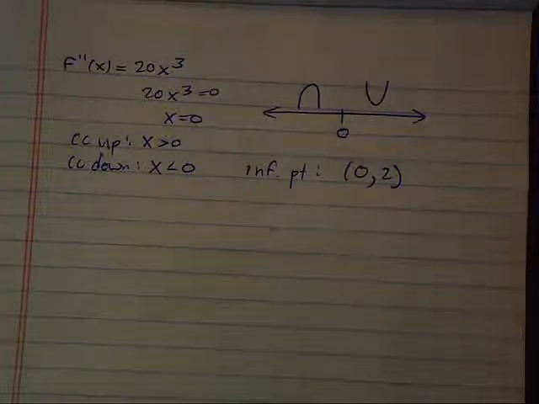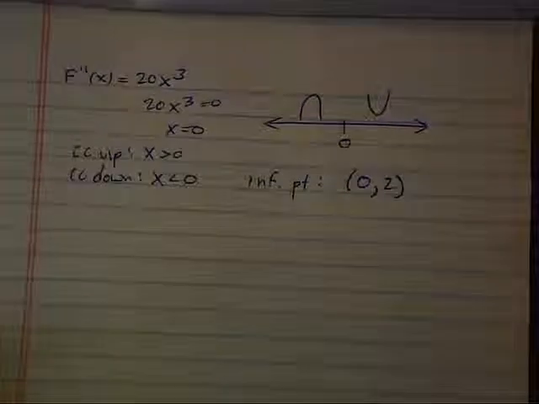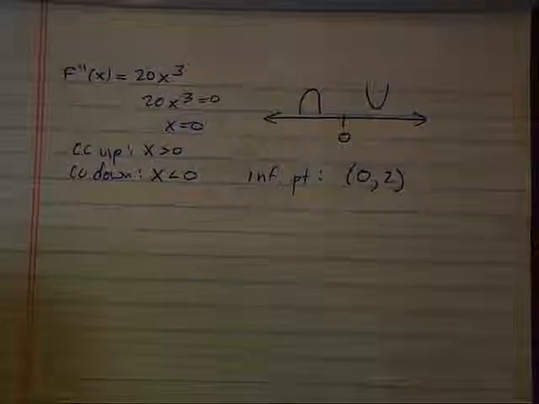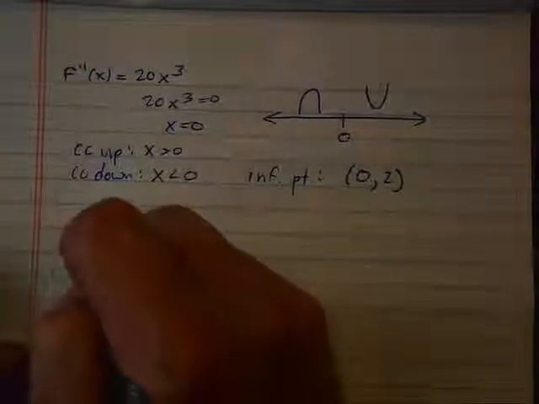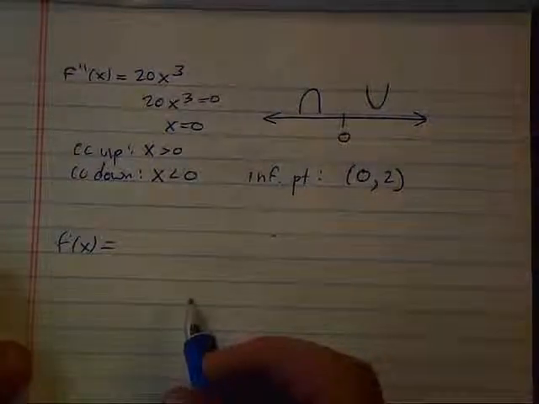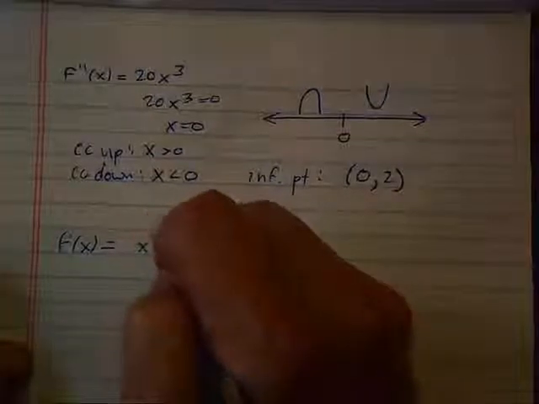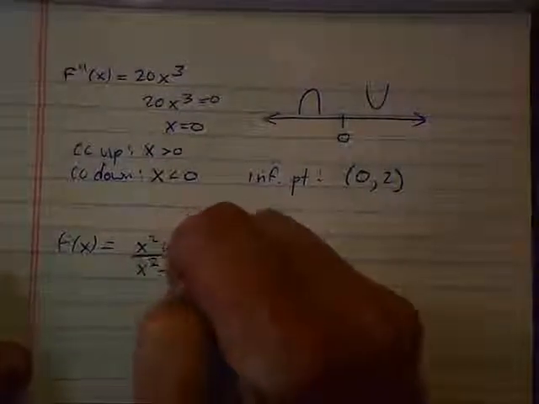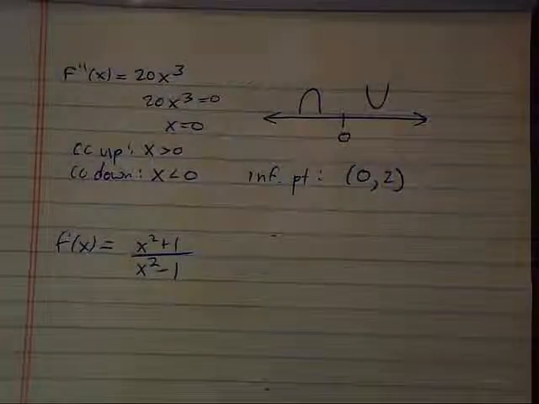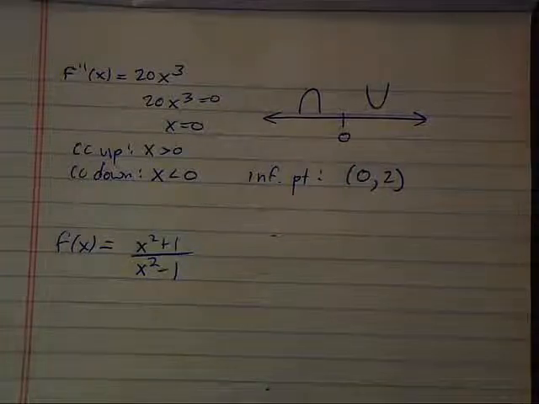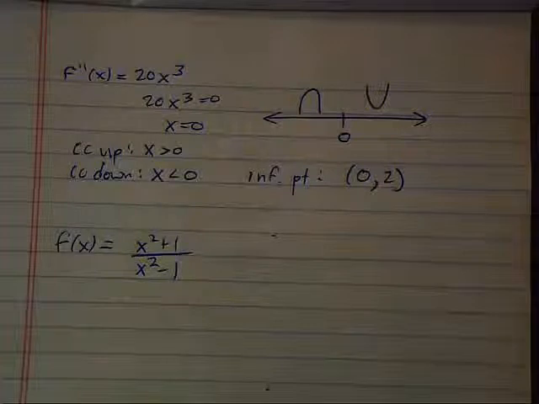Correct. Now here's what I've been known to do on a lot of problems. Let's say I were to give you f of x equals x squared plus 1 over x squared minus 1. If I were to give you a function like this, a lot of times I would tell you, here is the function, and then I would give you the first derivative, and I would give you the second derivative.